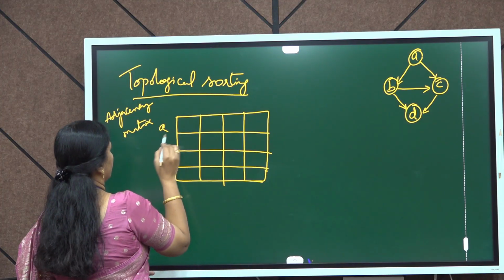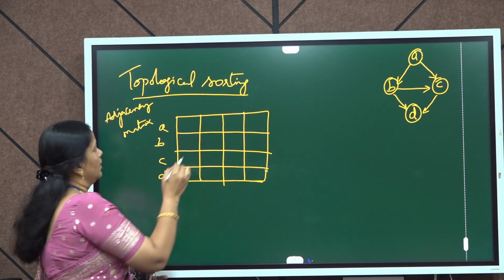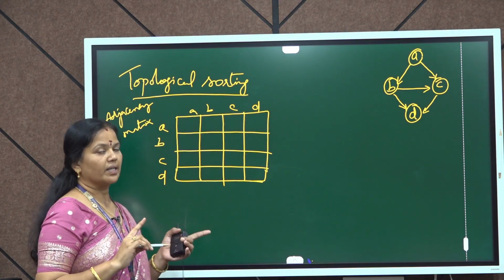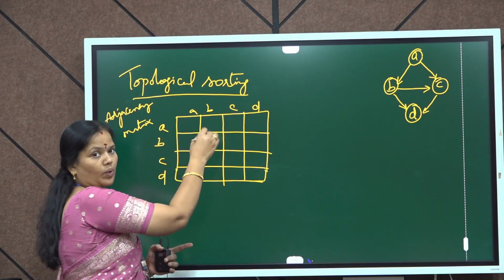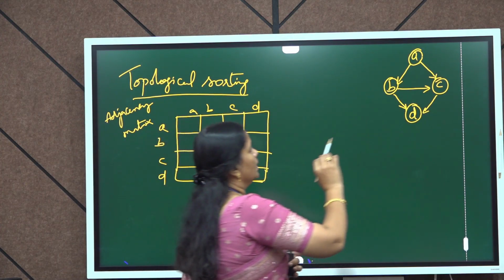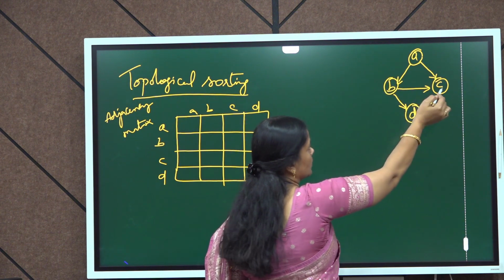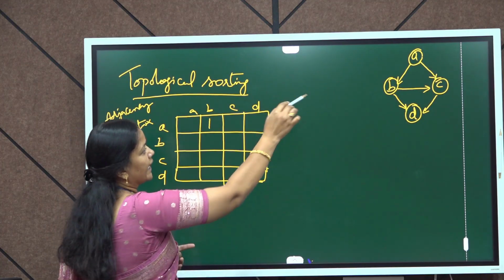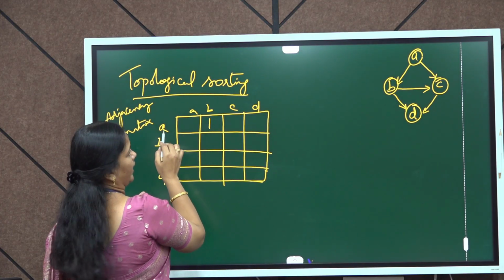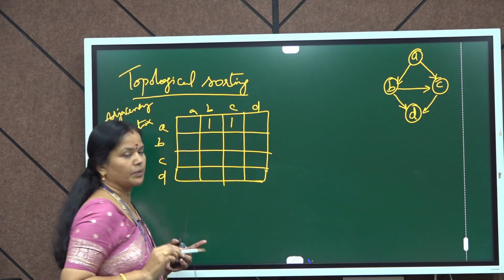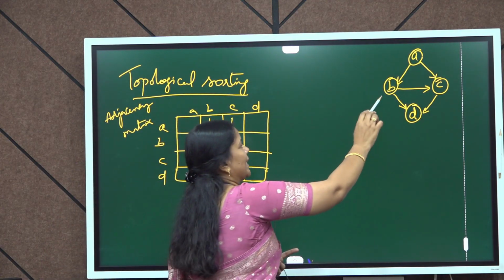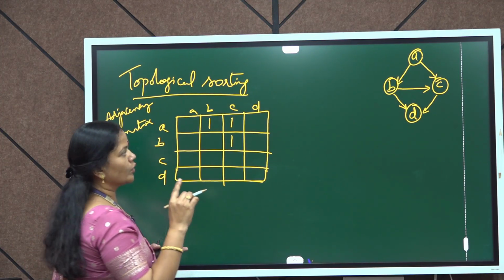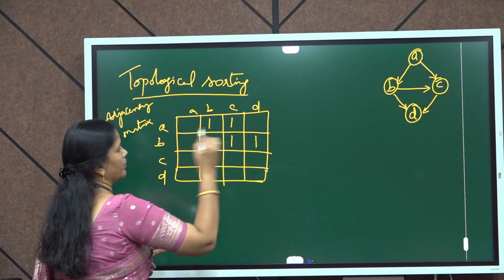The vertices are A, B, C, D. Whenever there is an edge from one vertex to another vertex, I am going to mark it as 1 in this matrix. Here A to B is 1, A to C there is an edge, so it is marked as 1, B to C is 1, and B to D is marked as 1.